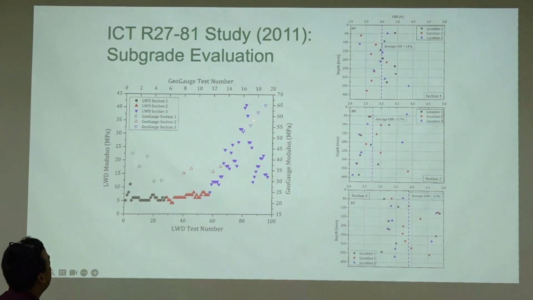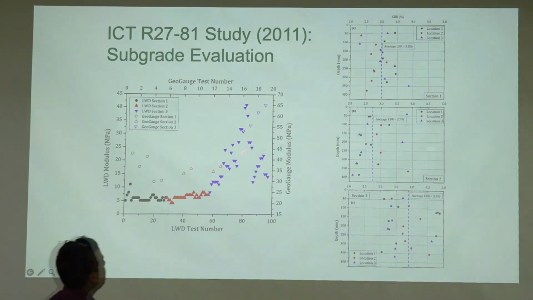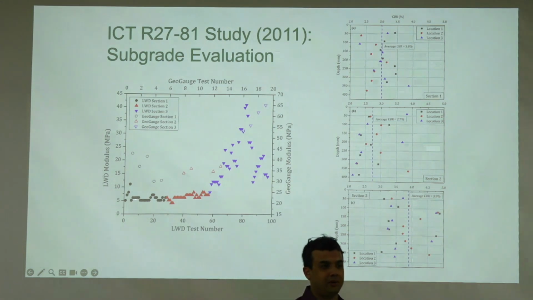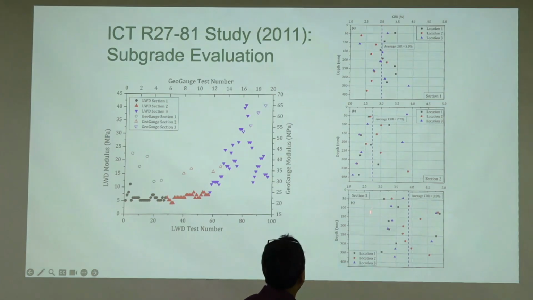As you can see, this similar range and this similar range. So we were like, what's going on? Why is the GeoGauge in this case consistently high, whereas the LWD was bouncing around?